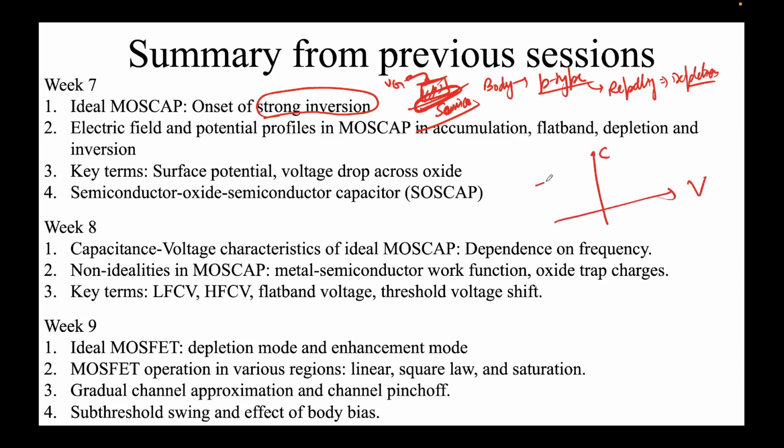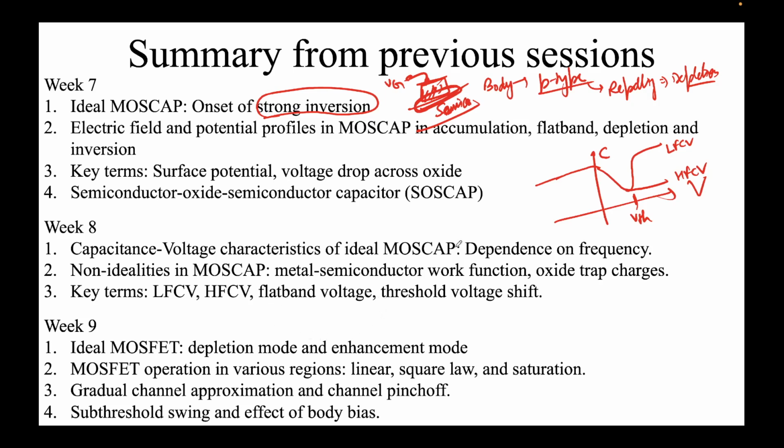So this is your accumulation region, then your flat band when you cross V equal to 0, then your depletion region, and when you apply an even higher potential, this is VTH. This is what we used to call low frequency CV, and the bottom curve is high frequency CV. This difference arose because the charge carriers cannot respond fast enough to the change in Vg, right? Yeah, so that's that.